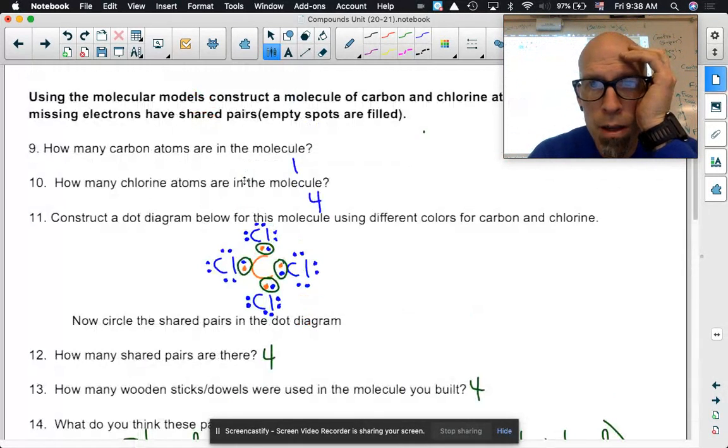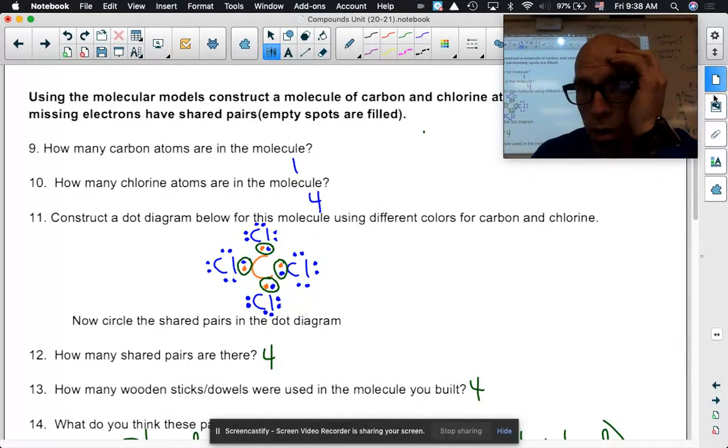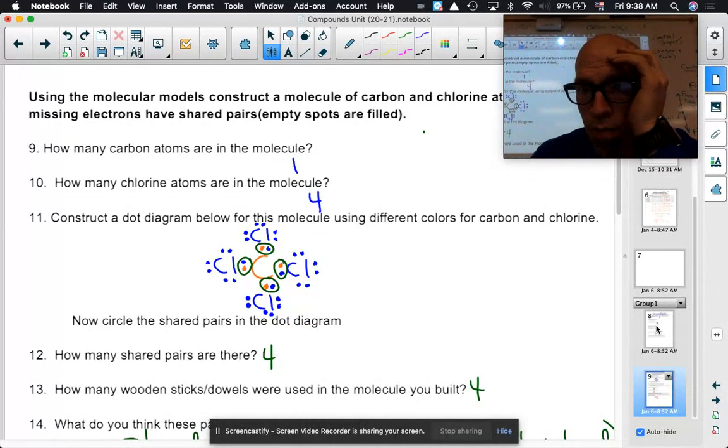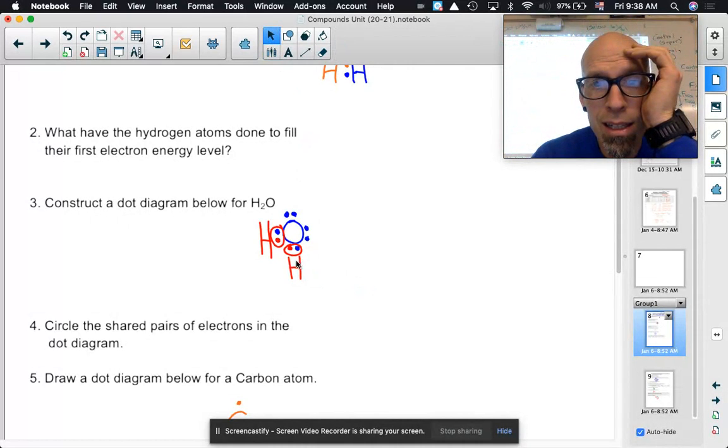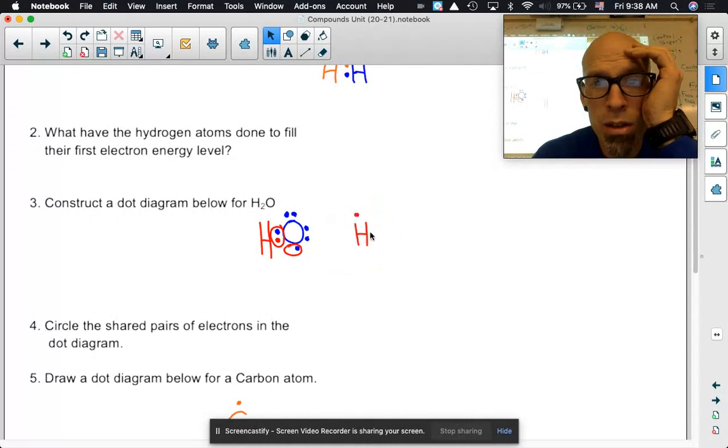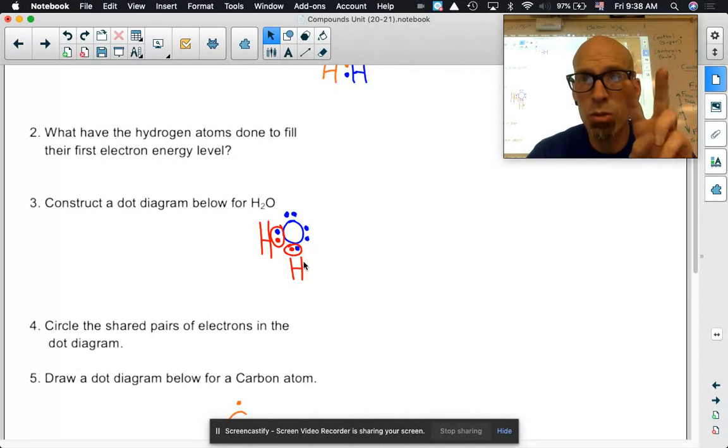All right. Hydrogen is another one. Let's see if I go back to the previous slide. Hydrogen is another one that works really well, because all you need is a single empty spot, and hydrogen can also plug in and get an octet. Now remember, with hydrogen, the octet is only a double. It's a full first level.